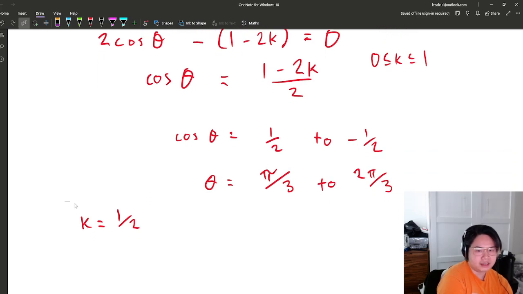I don't know what angle this is though. But there's a second angle when k is 1/2, right? Or sorry, there's a second position for M when k is 1/2. And then there's another position for M here. But I don't know what angle this is.